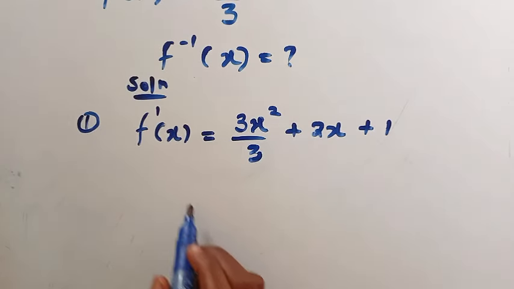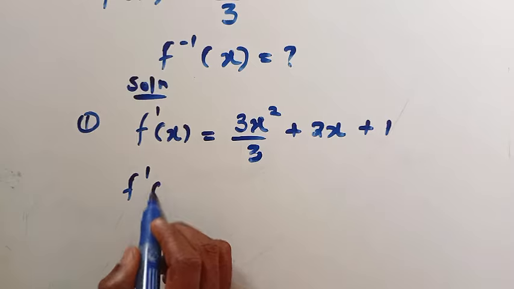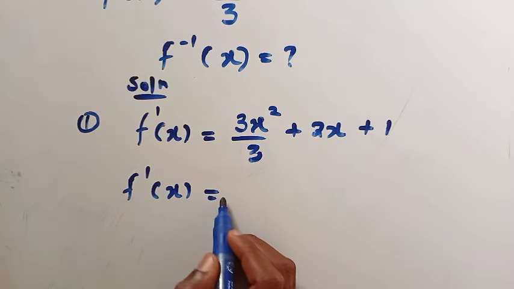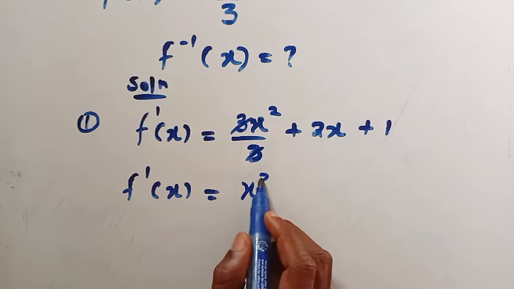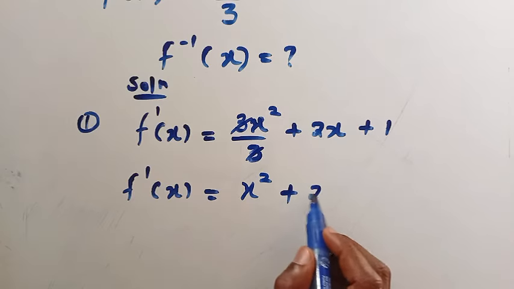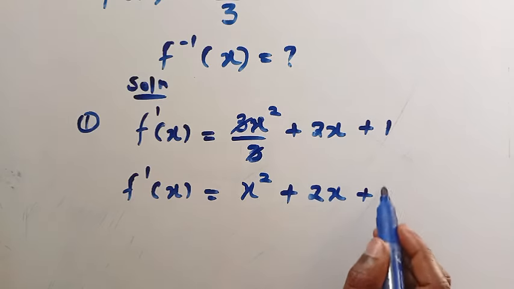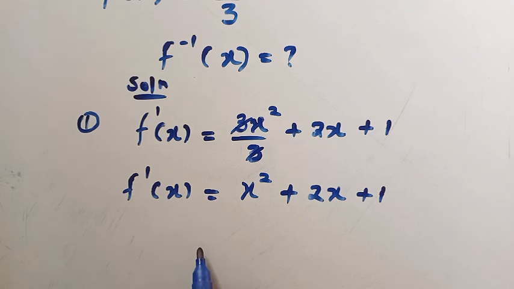And in the next step, when 3 cancels 3, we have x squared plus 2x plus 1. Here is the derivative of the function.